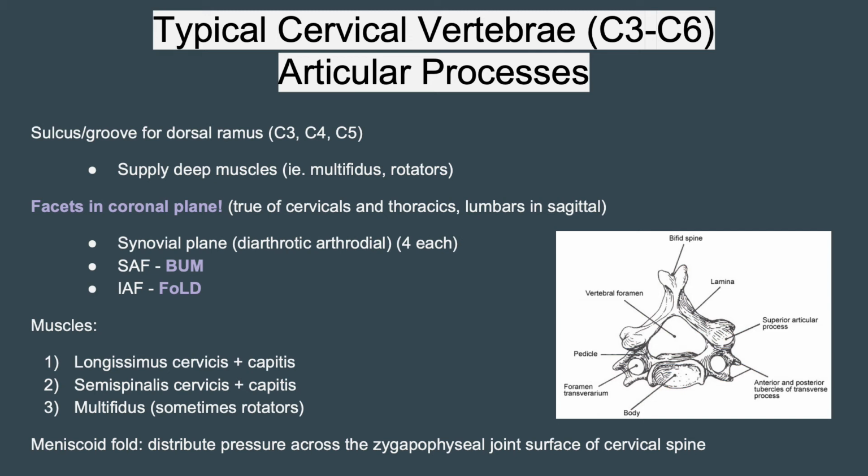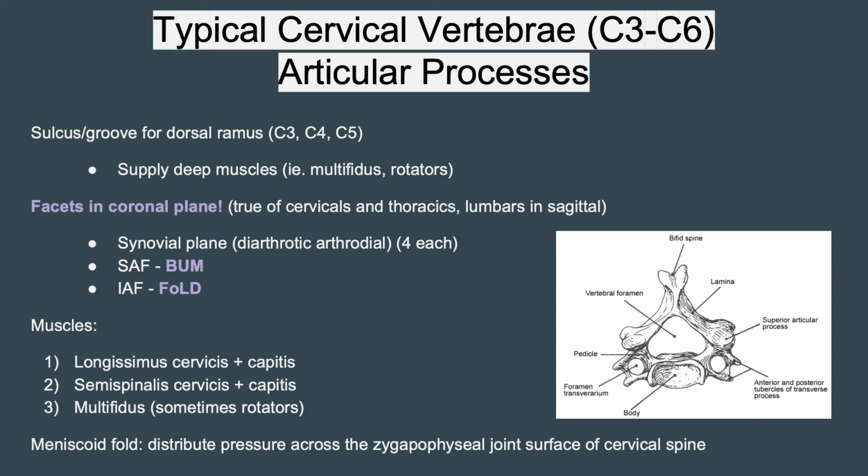And then if you flip over to the top of page 64, sometimes this is a little feature that gets kind of glazed over, but it has been tested on in the past. So you want to know what a meniscoid fold is. When you think about the meniscoid fold, I kind of think of it like a bit of a loose bag.